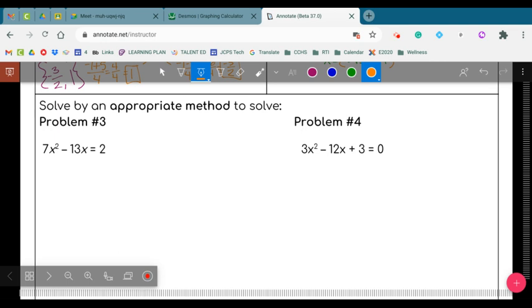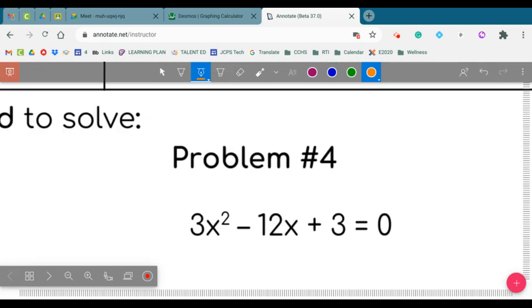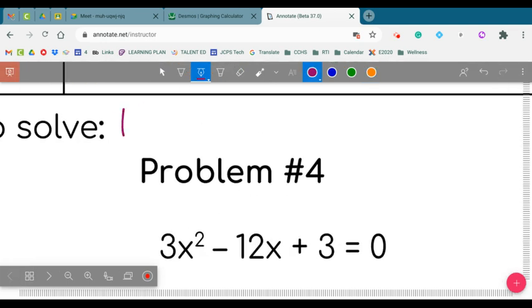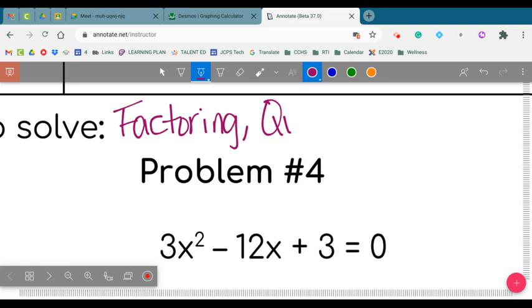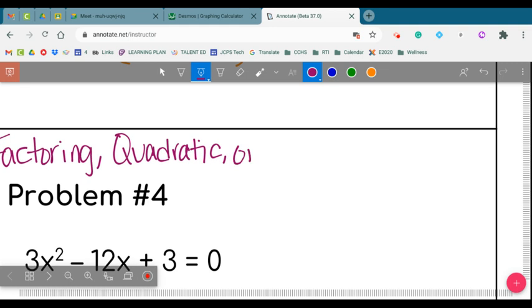It says select the appropriate method. So your appropriate methods could be factoring, quadratic formula, or completing the square.